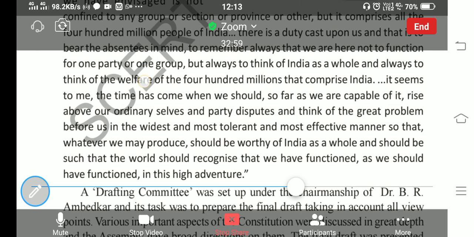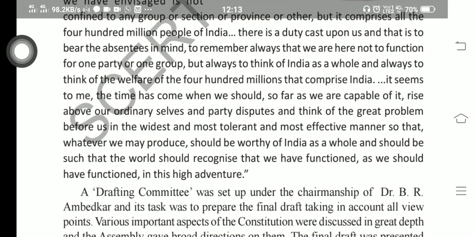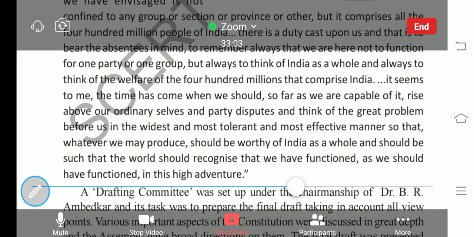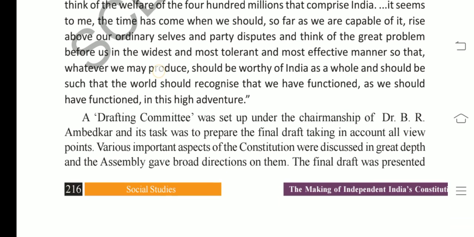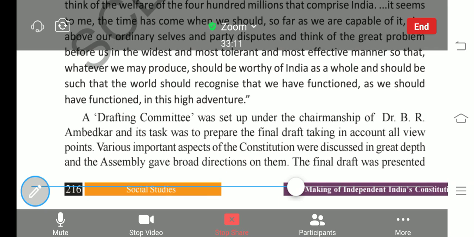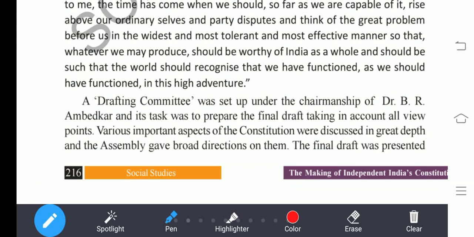So after this address in the Constituent Assembly, many committees were appointed for preparing the constitution. Understand? See, among them one important committee is the drafting committee. The drafting committee was set up under the chairmanship of Dr. B.R. Ambedkar on 29th August 1947.